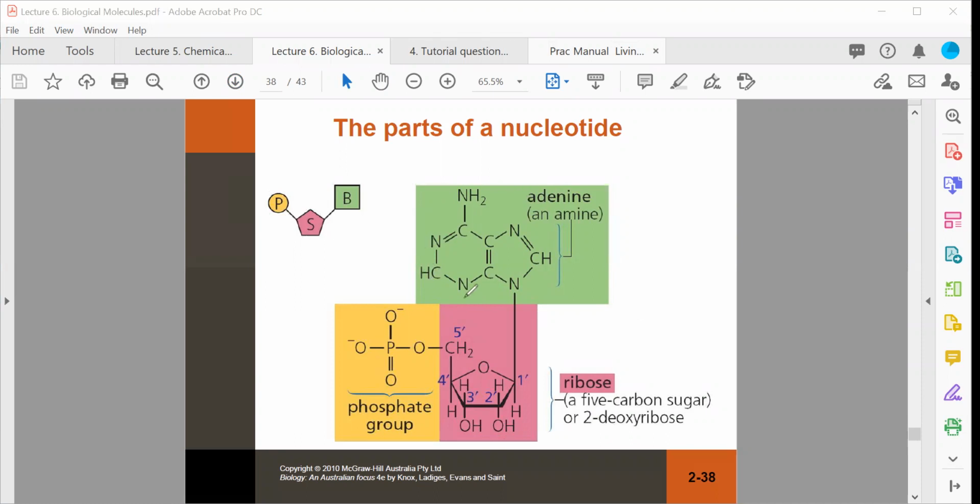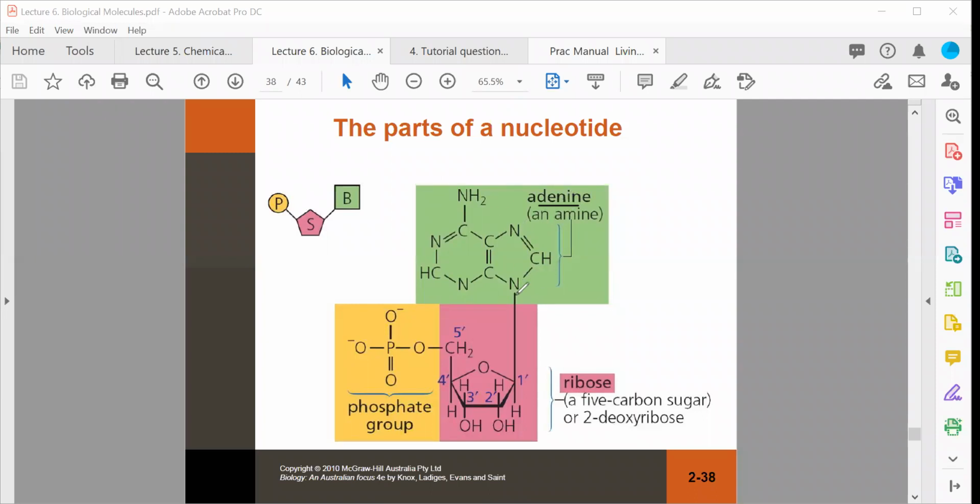All right, here's the nitrogenous base, and you can see lots of nitrogen in there, single and covalent bonds, lots of carbon and a little bit of hydrogen. This particular base is called adenine, and there are actually 5 different bases. 4 of those 5 are found in nucleotides in DNA, and 4 of those 5 are found in nucleotides in RNA. All right, this one is adenine.